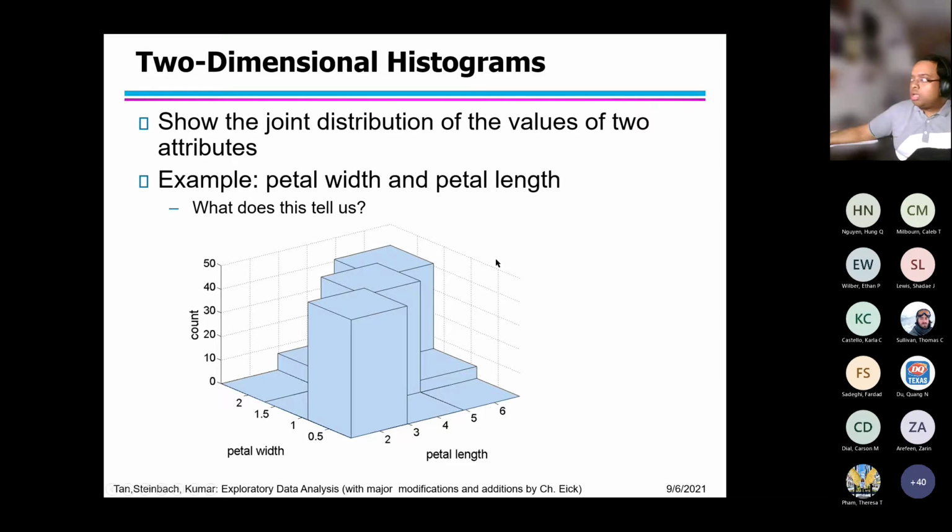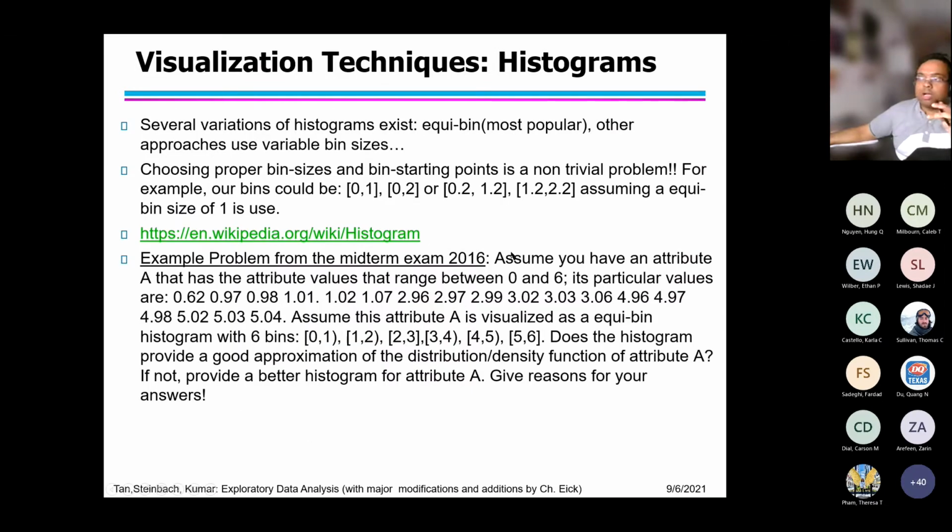Okay, so histograms. Like I said, choosing proper bin sizes is very important, because on average, you can create equibins, where points are equally distributed within the bins. But always remember, if you do that, you are very likely to miss outliers or peaks, or more importantly, you're very likely to miss troughs.